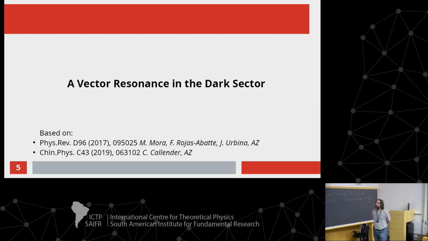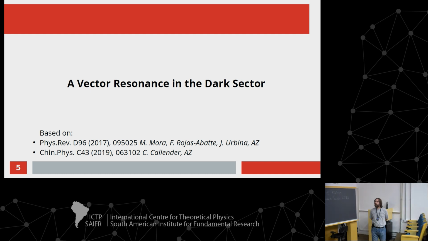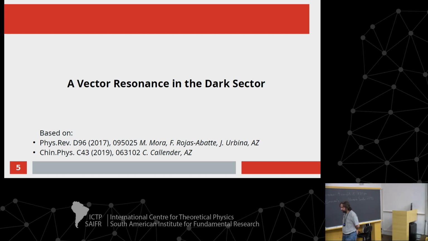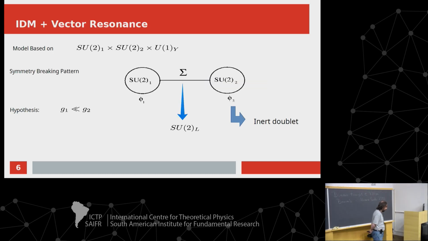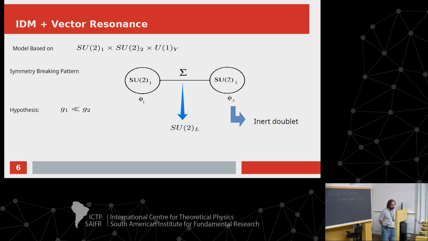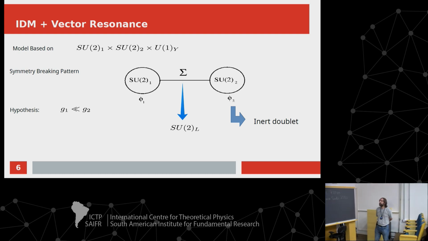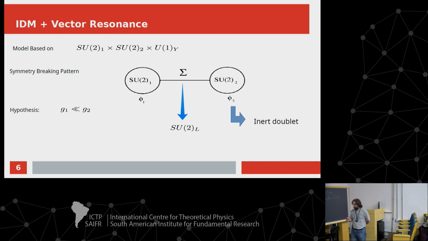So I'm going to describe a very simple model which includes a vector resonance in the dark sector. The model is a simple extension of the inert doublet model. The extension is done by increasing the symmetry of the model. We increase the gauge symmetry to SU2 cross SU2 cross U1.